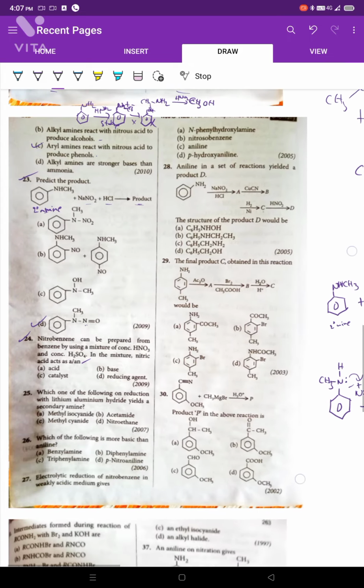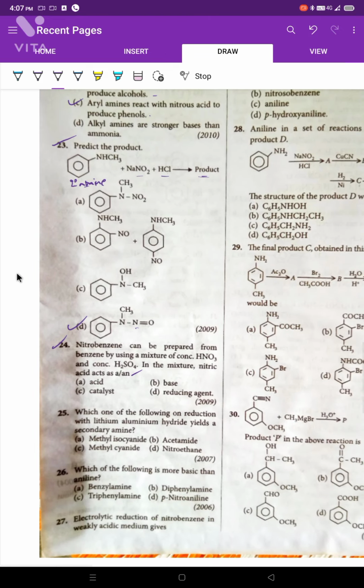So what is the answer here? The answer is D.